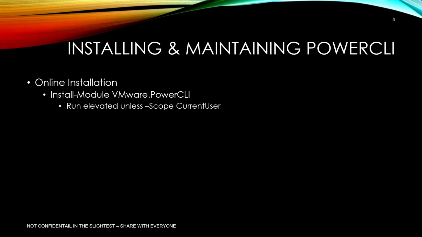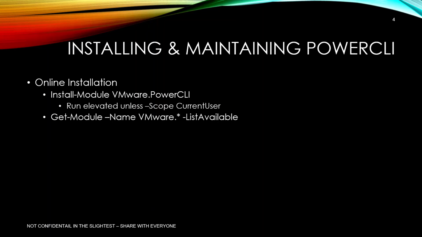Now, we don't need to run that elevated if I wanted to install it for everyone on the whole machine, but if I was just installing it for myself, I wouldn't even need to install it elevated. Obviously, the commandlets themselves don't need to run elevated because they will need to run with credentials or under an account which has got the required permission in VMware, either ESXi directly or vSphere, vCenter.